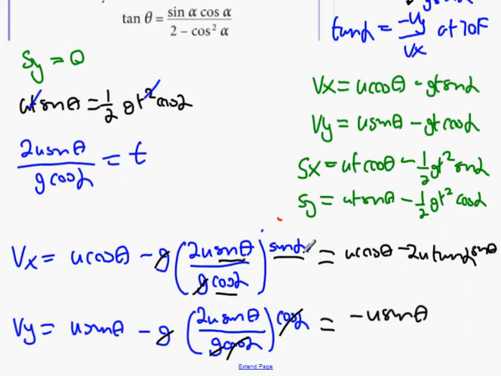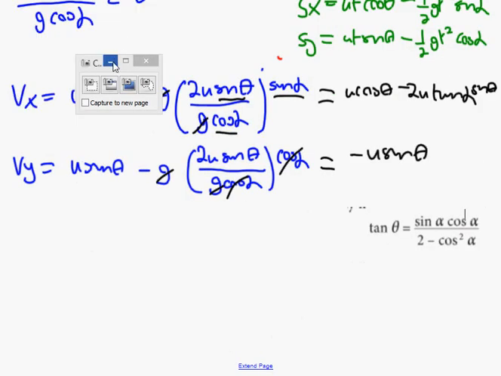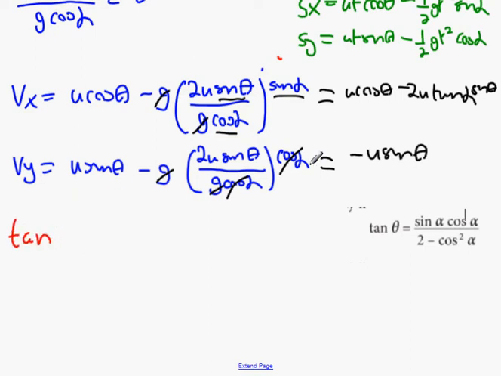The whole point of the question is to turn tan theta into sine alpha cos alpha over 2 minus cos squared alpha. So what I'm going to do next is say the tan of the angle of the plane, alpha, tan alpha, is equal to minus Vy over Vx.